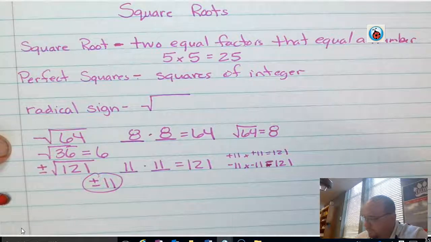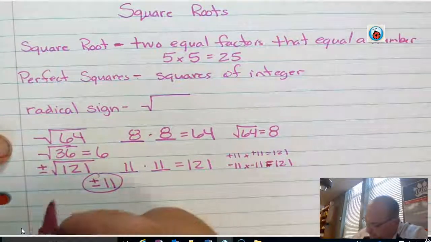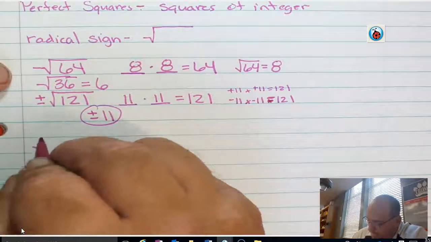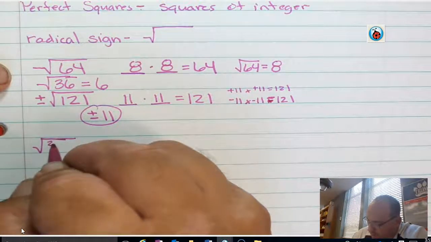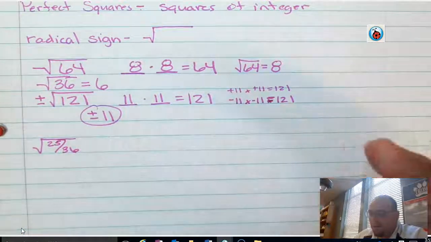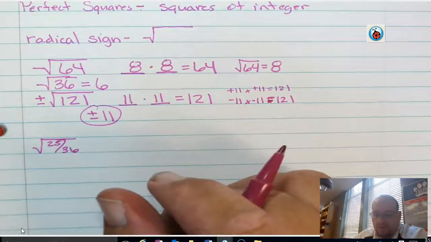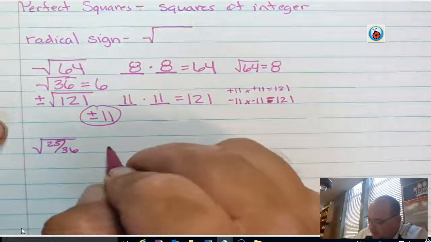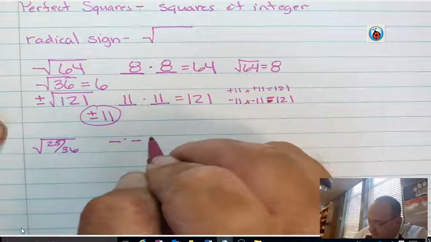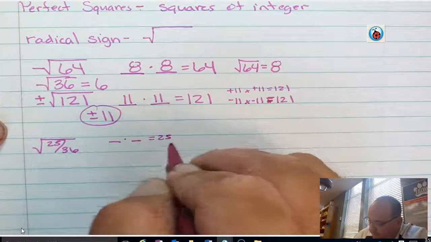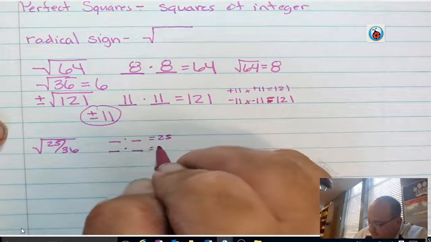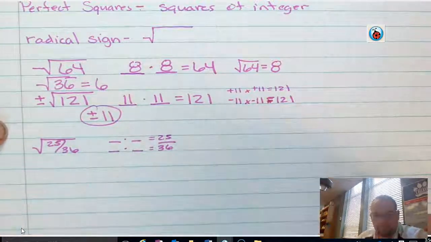Okay. Let me show you a fraction. We have the square root of 25 over 36. Only difference is that it's a fraction. What I need to do is figure out what times what will give me 25, and then what times what will give me the 36 on the bottom.